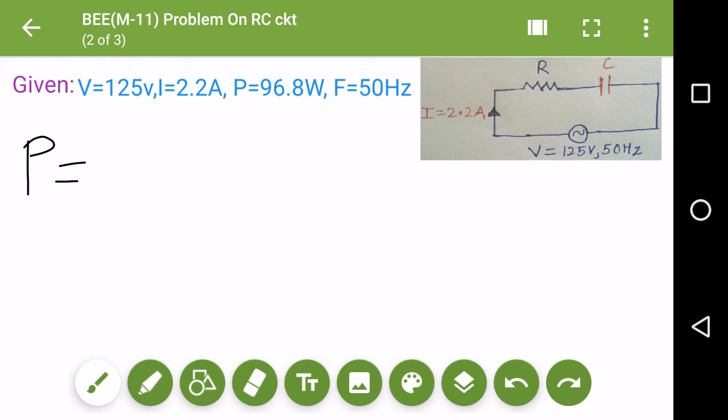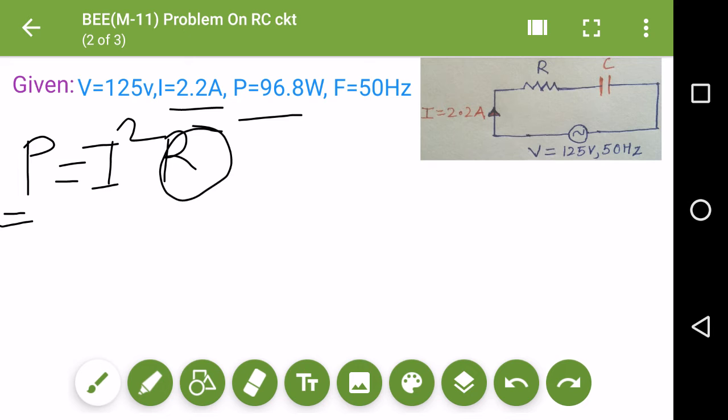The power is given as I square R. I know the value of power at the resistance, that is 96.8 watt, and I know the current, that is 2.2 ampere, so I can easily find R.